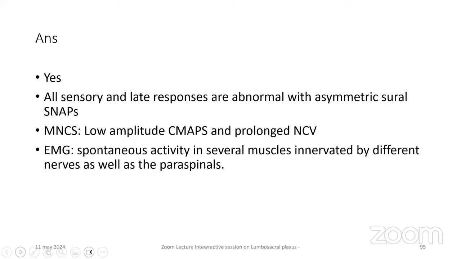If you are looking at radiculopathy, the same root should be seen supplying muscles with different nerves. That's how you select. We do medial gastrocnemius, extensor digitorum brevis and tibialis anterior, so you get different roots and different nerves.